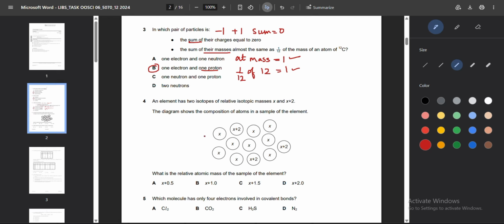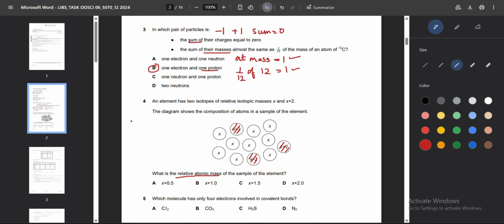Now you can see from the diagram that the isotope with a mass of X plus 2 is less abundant, whereas the other isotope with a mass of X is more abundant. So you have to find out the relative atomic mass of the sample of the element. So relative atomic mass would be closer to the isotope which has more abundance.